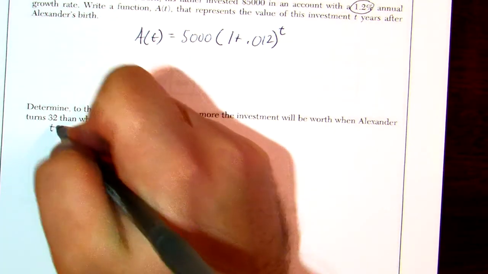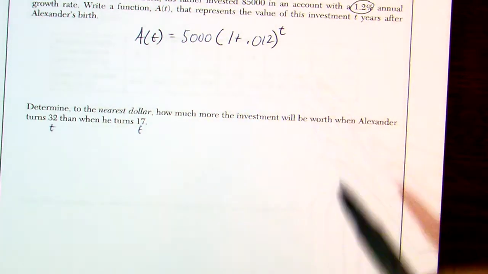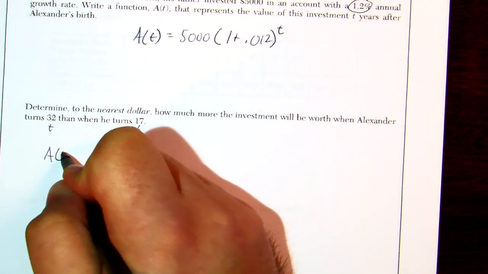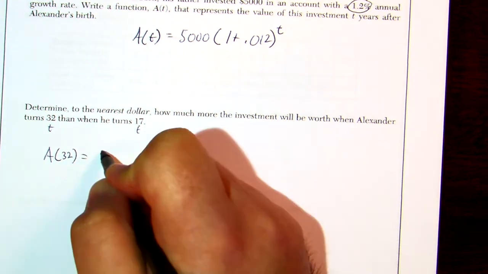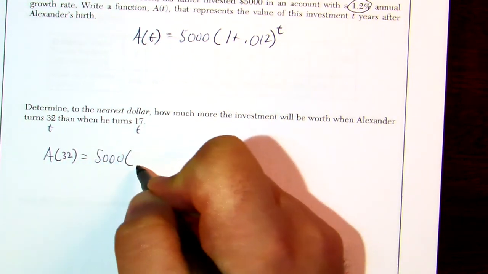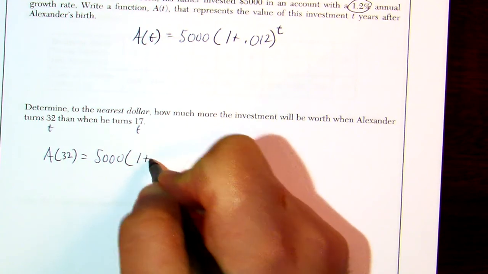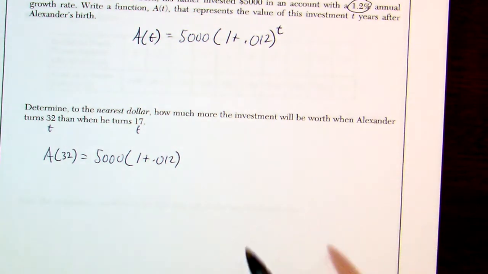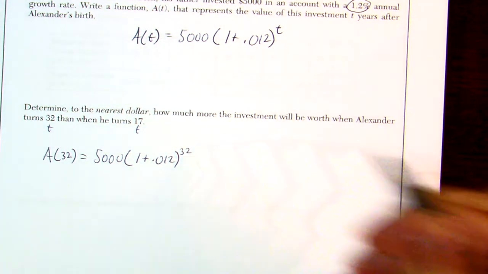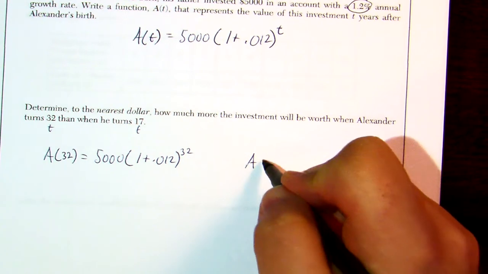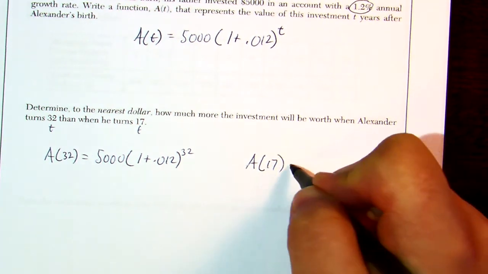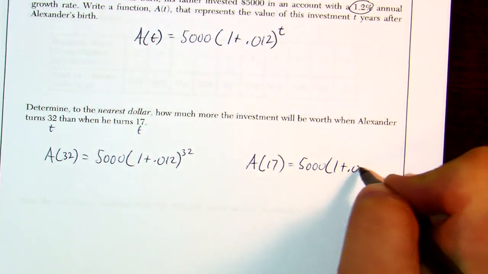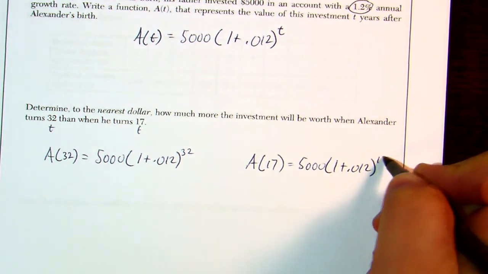So this is our times now. We're going to have to do two of these equations. A of 32 equals 5,000 times 1 plus 0.012 to the 32nd power. And then A of 17 equals 5,000 times 1 plus 0.012 to the 17th power.